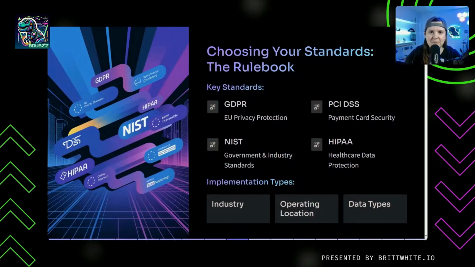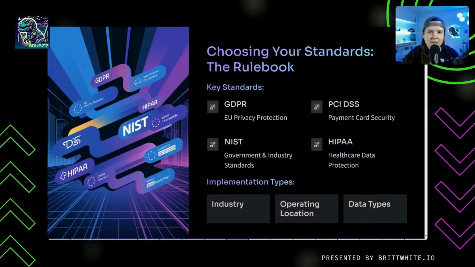There are tons of NIST special publications, like NIST 853, which is their catalog of privacy and security controls, and NIST 800-171, which is designed to protect controlled unclassified information, or CUI, in non-federal information systems and organizations. These NIST standards are widely used as frameworks for building robust security programs, even outside of the government sector, as many private organizations use them because they're so comprehensive.